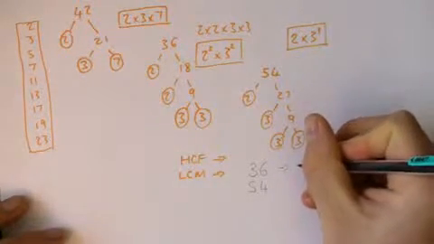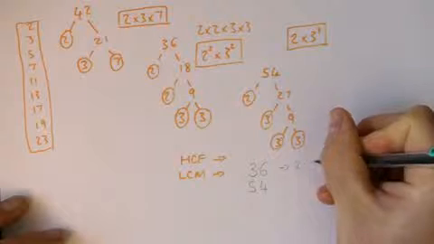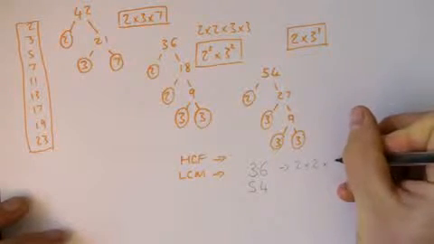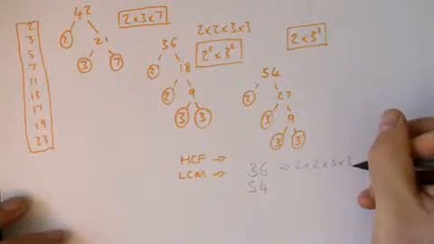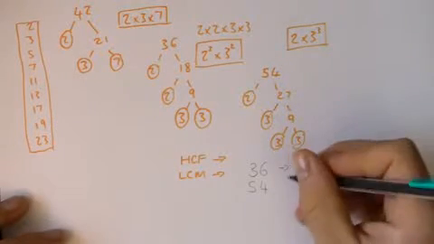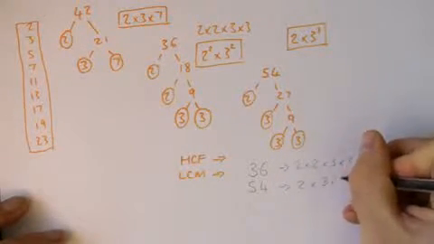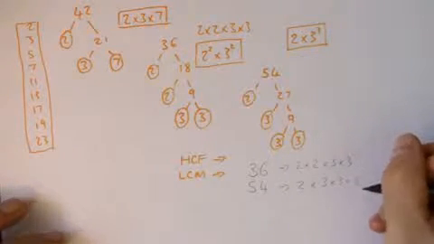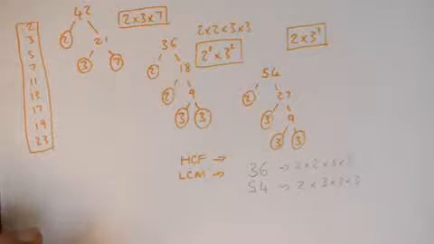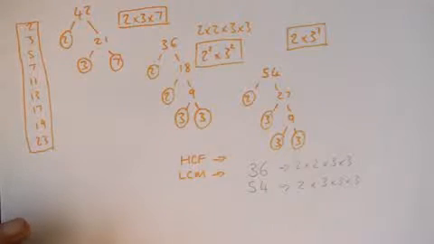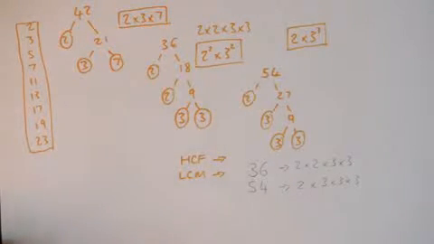36 as a product of its prime factors is 2 multiplied by 2 multiplied by 3 multiplied by 3. 54 is 2 times 3 times 3 times 3. To find the highest common factor, I've done a video on highest common factor. There are plenty of ways of doing this.